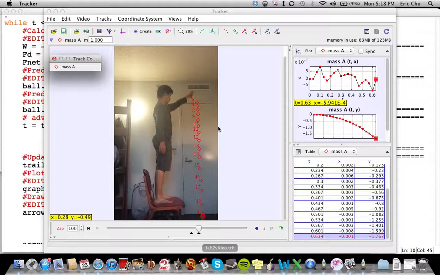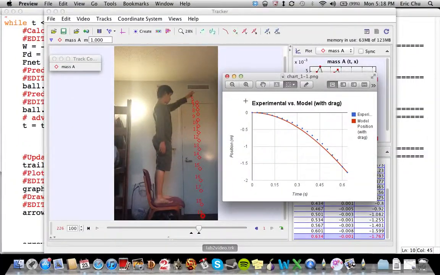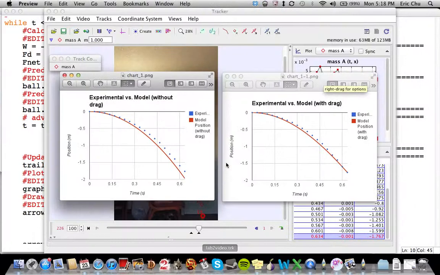Another thing is I filmed this inside, so the camera frame rate might be off. But overall, we can see that the slopes are very similar. Not all of the points lie directly on the line, but they are definitely very close to the line.